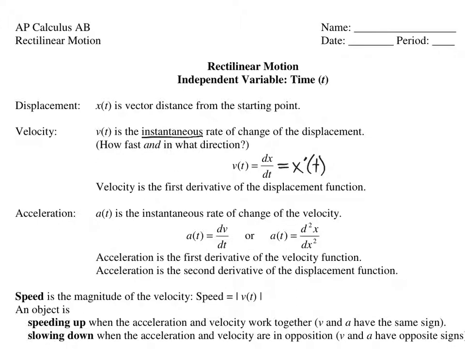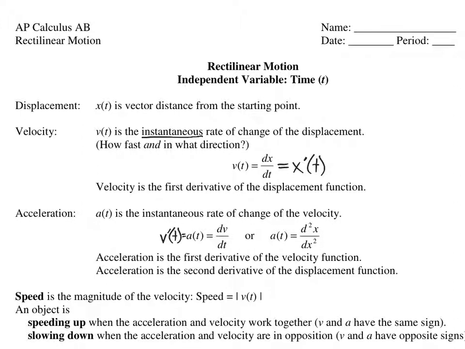However, when you hit the brakes or the gas, now your velocity is changing. You have acceleration. So acceleration is the instantaneous rate of change of the velocity. I want you to see where this comes from, though. We can see the acceleration as the derivative of velocity, so we could write it as v prime of t.